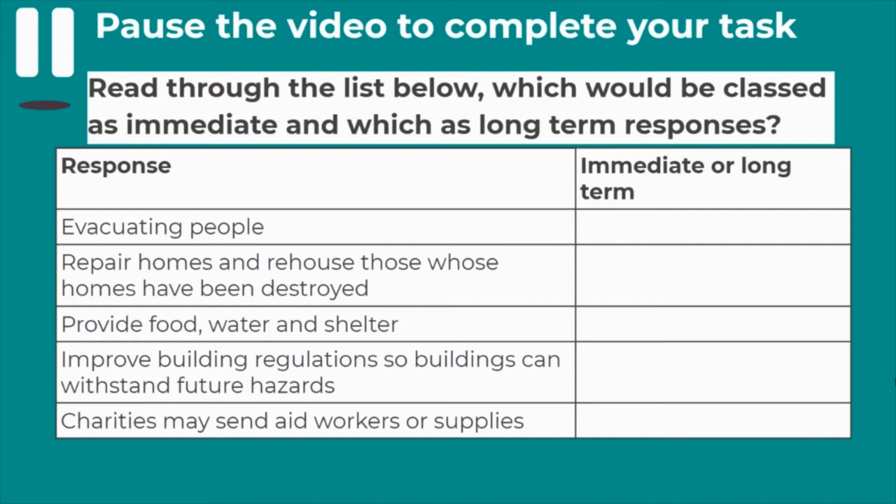So if we go through the list, I've got evacuating people, repair homes and rehouse those whose homes have been destroyed, provide food, water and shelter, improve building regulations so buildings can withstand future hazards, and charities may send aid workers or supplies. So pause the video now, write those sentences out and decide which ones you think are immediate and which ones you think are long term.